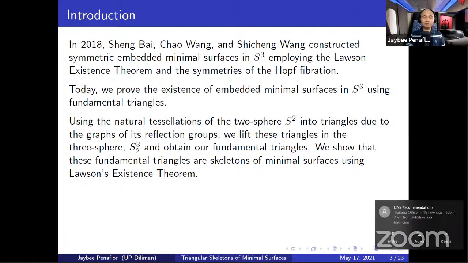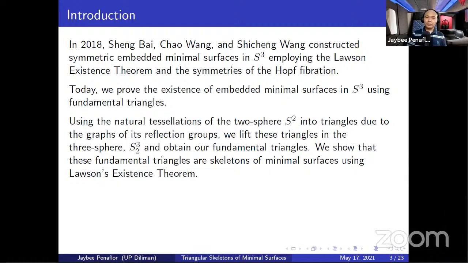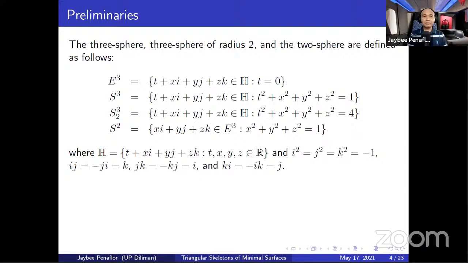In fact, we will be defining the three-sphere of radius 2, and the two-sphere. We define them as follows. So first, we define the set E3, which is the set of all t plus xi plus yj plus zk in the quaternion space H such that t is 0.